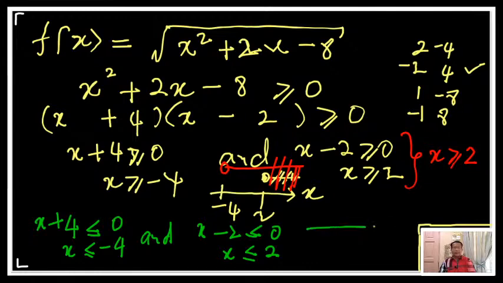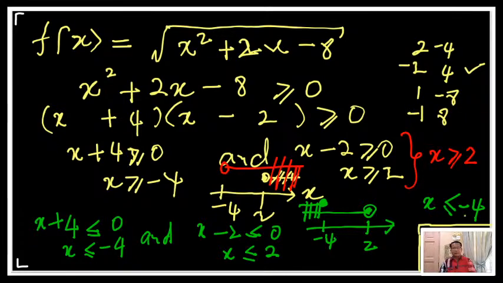On the number line with minus 4 and 2, the intersection gives x less than or equal to minus 4. So the answer is this one and this one. Two answers.